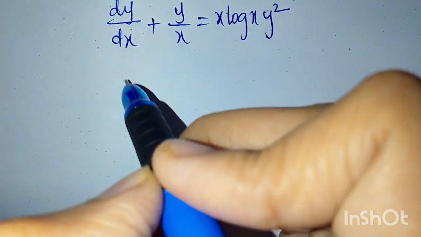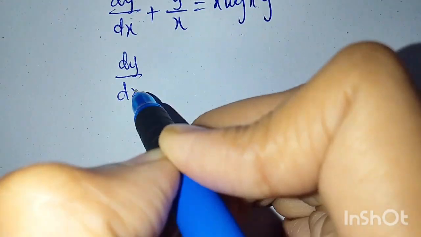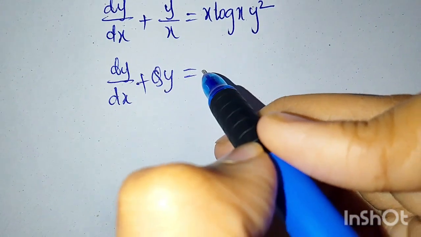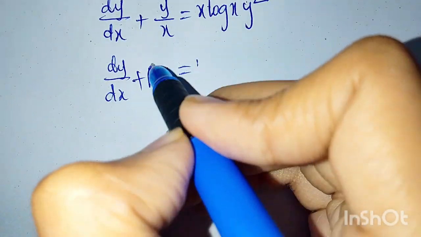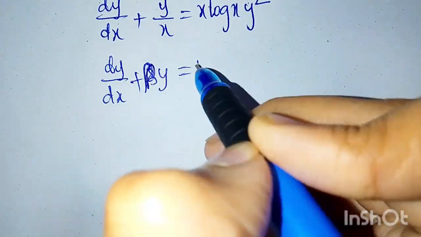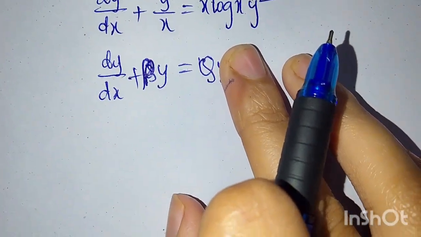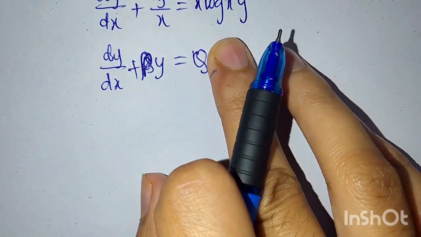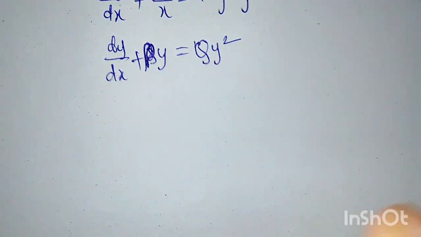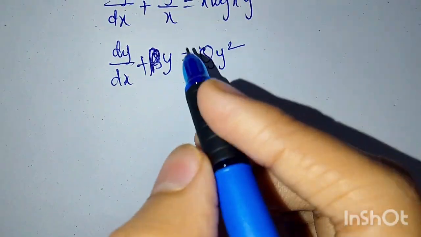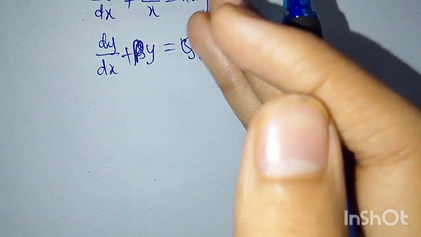Where I can write it like this: dy by dx plus py is equal to qy square. See, if y square is not there, this is a linear differential equation in y. Now this is Bernoulli's equation in y, okay, because of this y square. That's the difference. So now we have to reduce it to LDE.